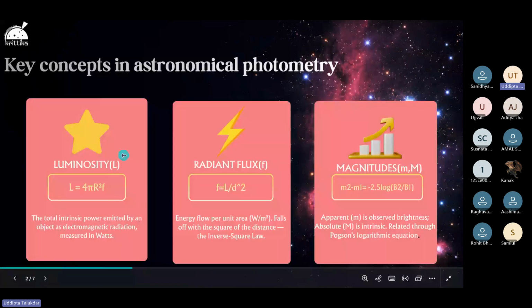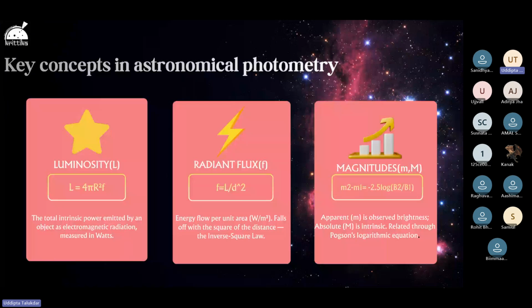So before we analyze starlight, we need three fundamental quantities. Think of them like the language astronomers use to describe how bright stars are and why. First we go for luminosity. That is the total power that the star radiates in all directions.